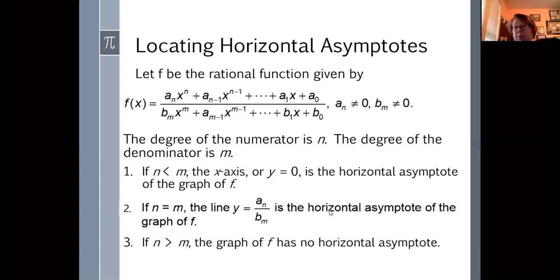If the degree of the numerator and the degree of the denominator are equal, then there is a horizontal asymptote, and it's found by taking the ratio of the leading coefficient of the numerator divided by the leading coefficient of the denominator. So you just take that quick ratio of the first constant divided by the first constant in the denominator. And if the numerator's degree is larger than the denominator's degree, then there is no horizontal asymptote.